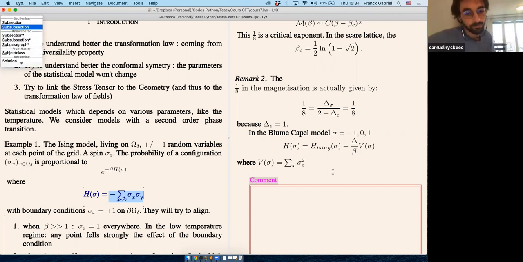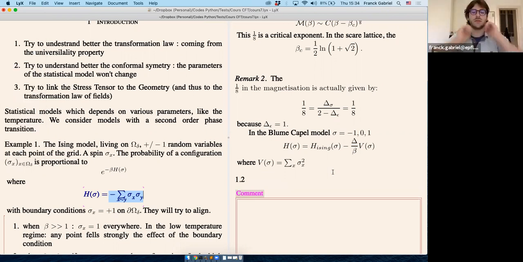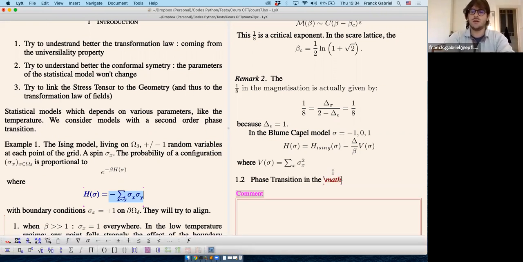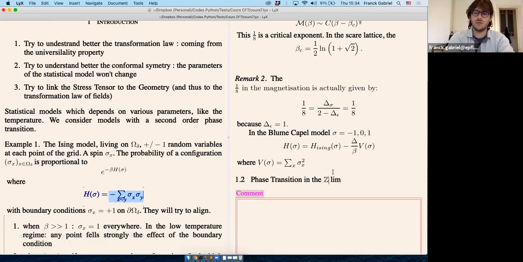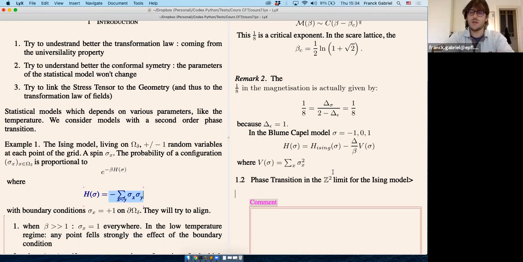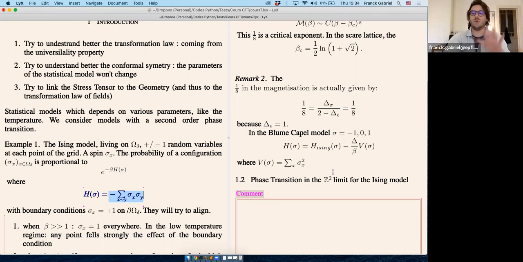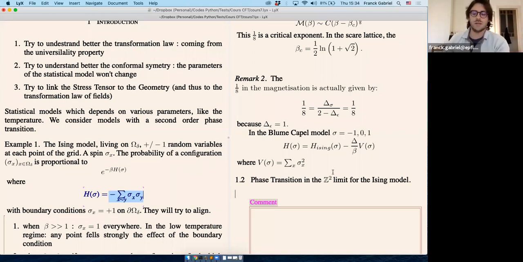Okay, so let me say a little something about the phase transition in the Z2 limit for the Ising model, let's say. What we were interested in for now was: I take omega and I take a grid, and then I take the mesh delta going to 0.